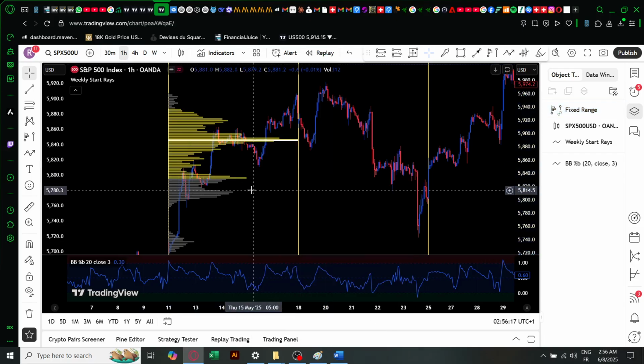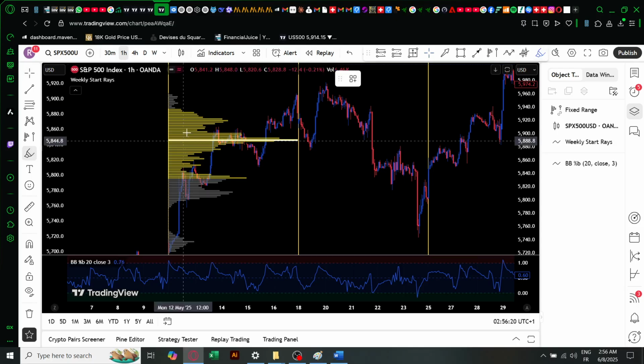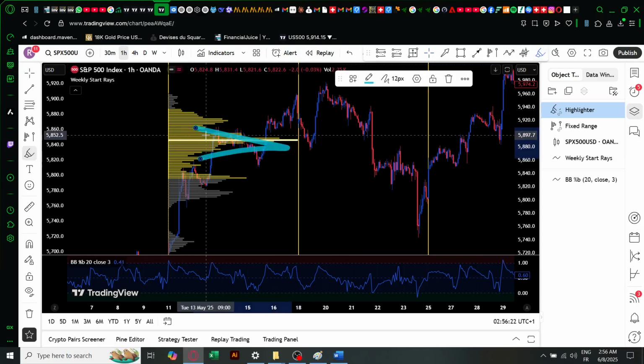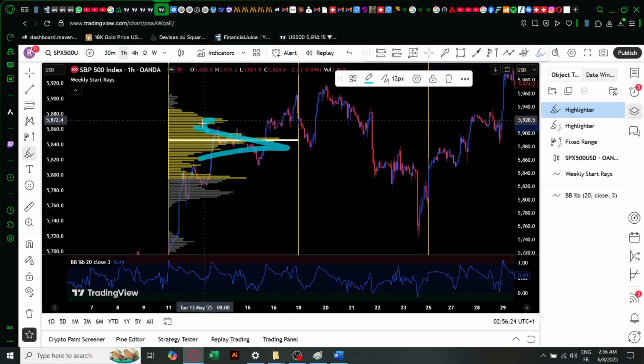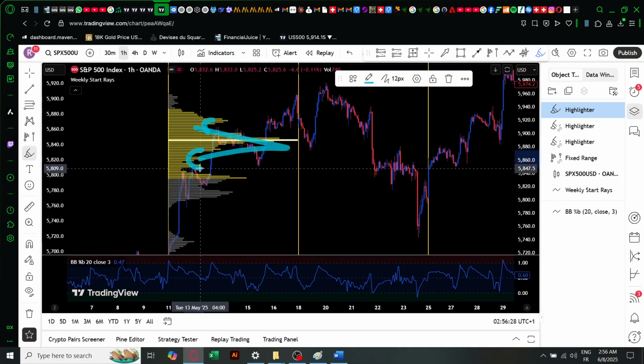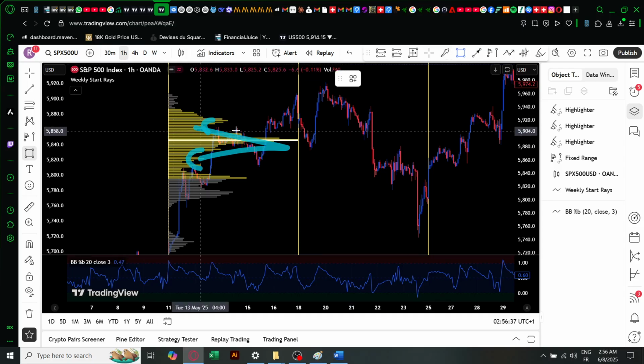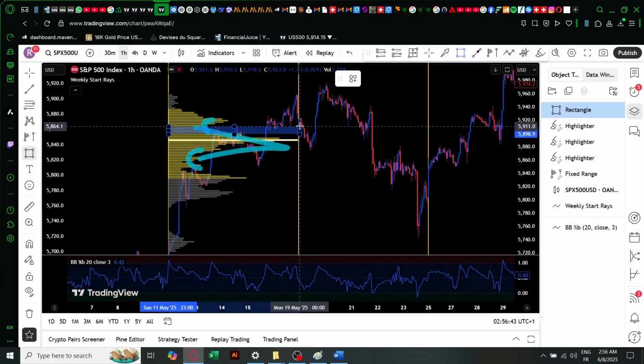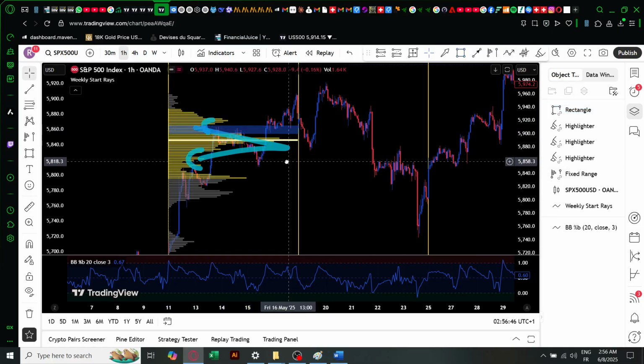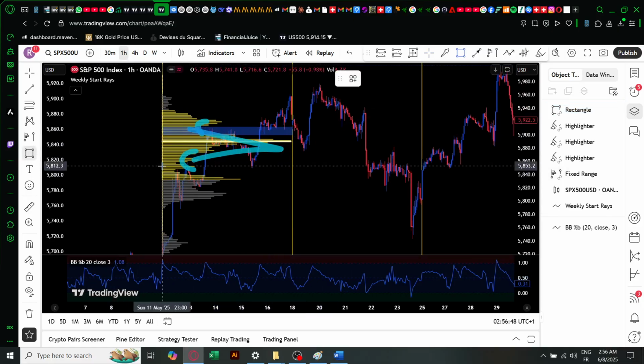Anyway, so when there is a high volume node and on the edges there are those cuts in volume, low volume nodes, those are the strongest support and resistance levels. So using price action or using your eyes, we will mark, you can see that price is reacting to those levels. So I will just mark levels over here. So this is a key level.